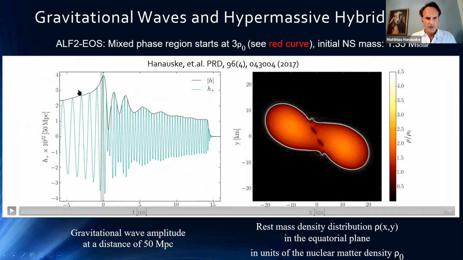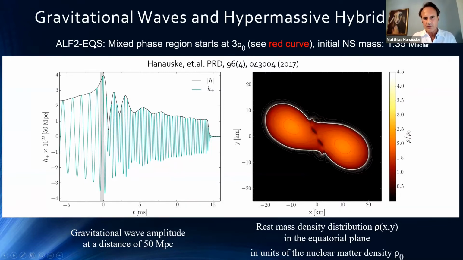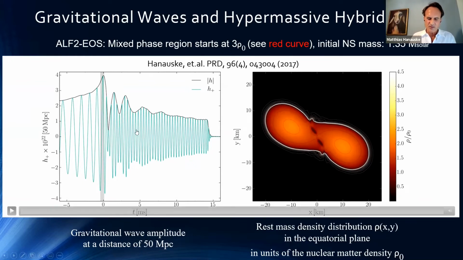Here you see now the gravitational wave emitted beginning from the latest point of the in-spiral, where the two neutron stars merge. Here you see the density in units of normal nuclear matter. Here is the so-called ALF2 equation of state from Alford and Hughes, where a phase transition to the quark-gluon plasma was included at 3 times normal nuclear matter. But this phase transition is so smooth that you can't see anything in the equation of state.